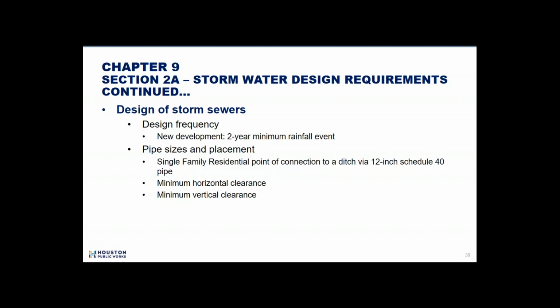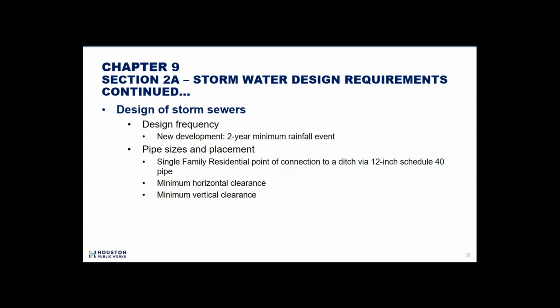And then moving on to another part we looked at was pipe sizes and placement, which had to deal with single-family residential point of connection. In the city, we deal an awful lot with redevelopment of single-family residential lots, so that was a big focus of this particular review. One of those items is on a roadside ditch.